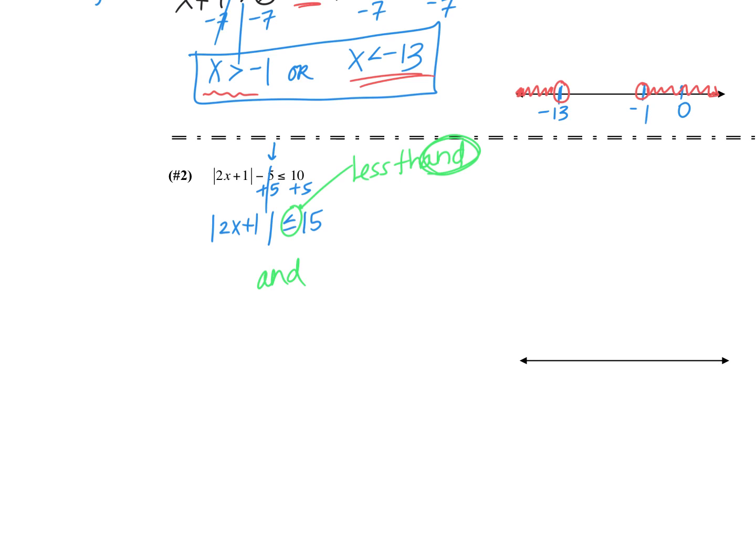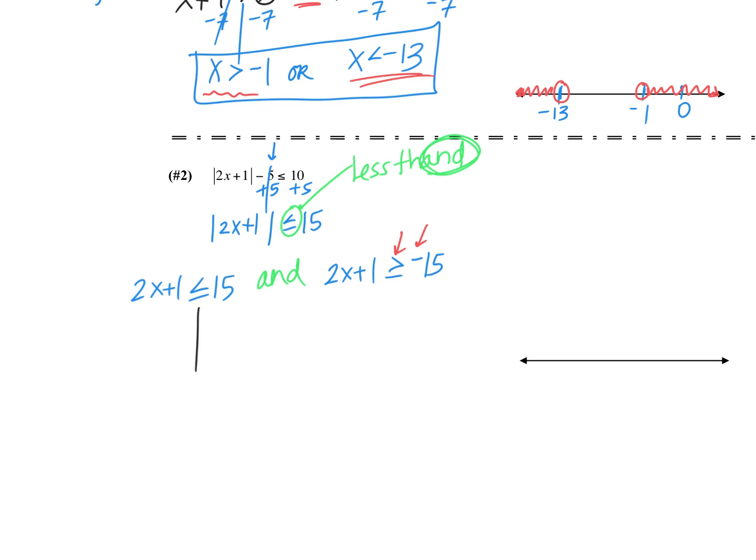So the first inequality just stays exactly how it started. 2x plus 1, that value could be less than or equal to 15. And when I write my second one, I start with that 2x plus 1, and now I change my sign. So that's going to be greater than or equal to, good, did you say -15? So I change both of those things. Okay, then I'm going to solve those.